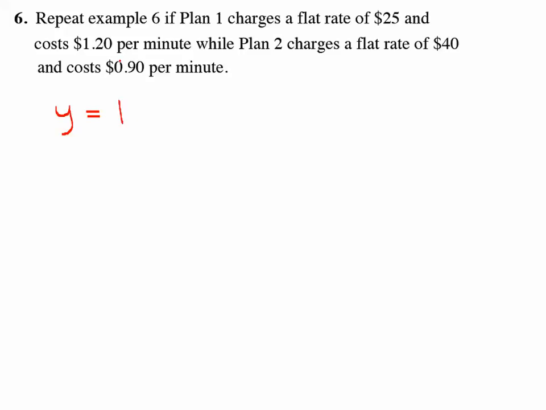I go with that, yeah, 1.2x or 1.20x, whatever you like, plus the $25 as a charge. The second plan charges $40 a month at 90 cents per minute. Perfect, yeah, 0.90x or 0.9x plus the $40 a month.